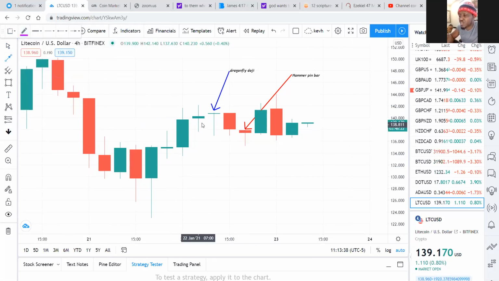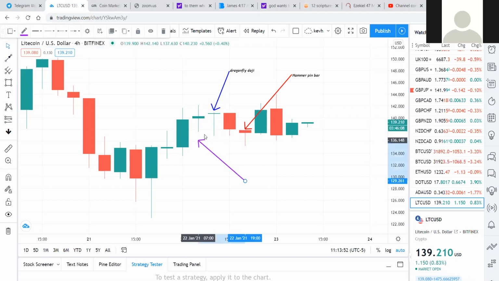All right. So who can tell me what this right here is? This candlestick pattern right here. Open and close at the same price. This one.